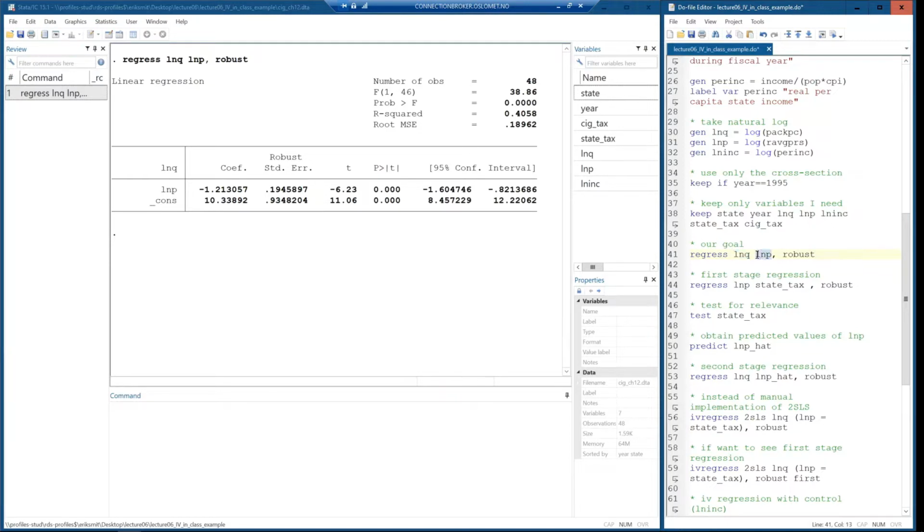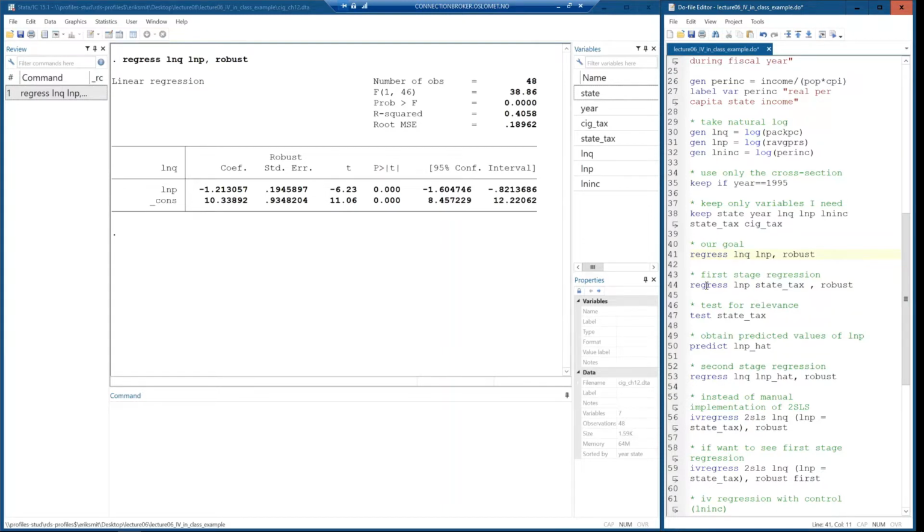So this would be an instrument. And in our case, we can use the state tax, because the state tax does change price, because it comes on top of the price and the production price, and the state tax does not affect the quantity demanded at all.